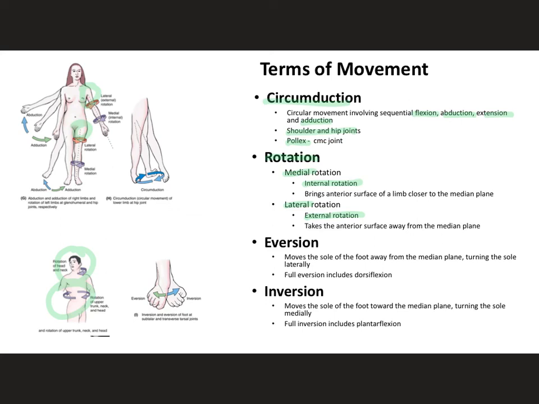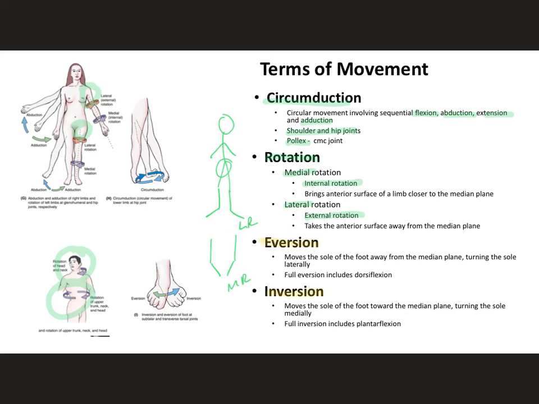By the same token, if you rotate your feet out so that you're standing kind of like a duck, then this is lateral rotation of the feet. If you move them in, so you're standing pigeon-toed, this is medial rotation of the feet, and this actually occurs at the hip joint.